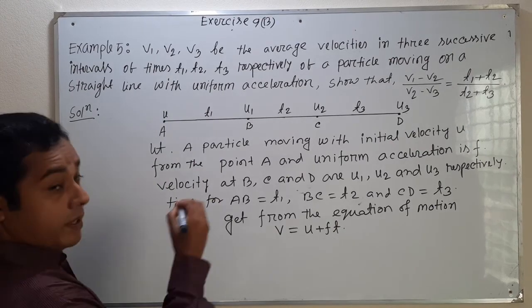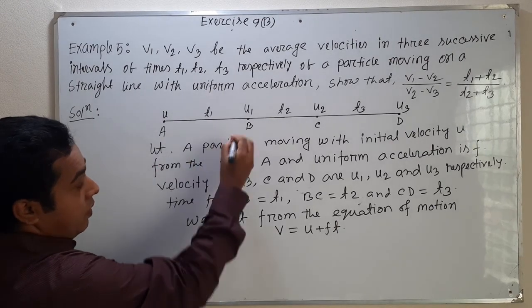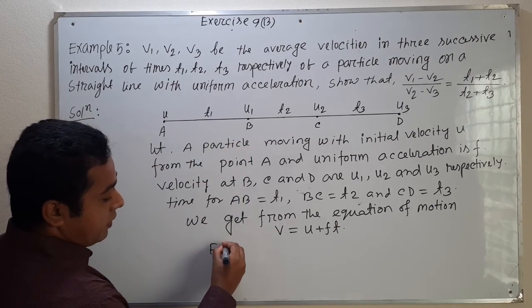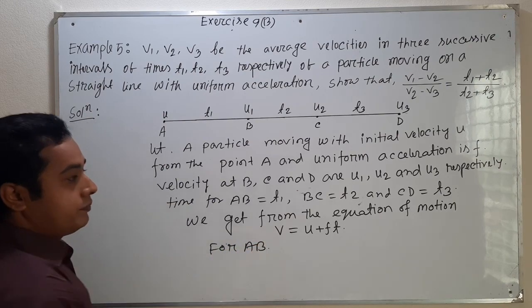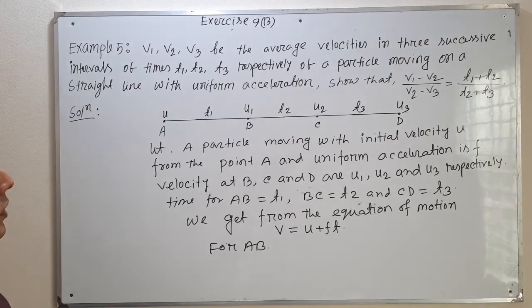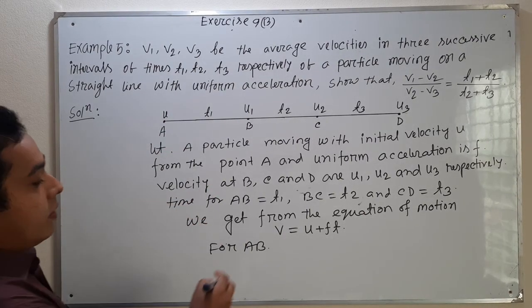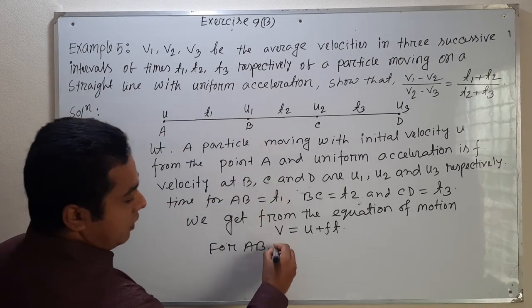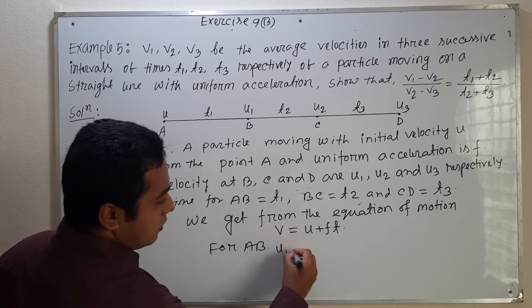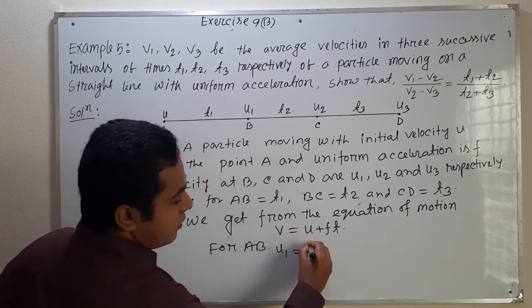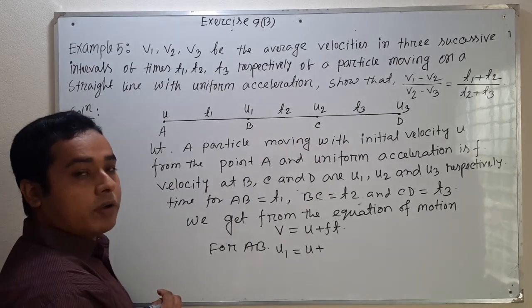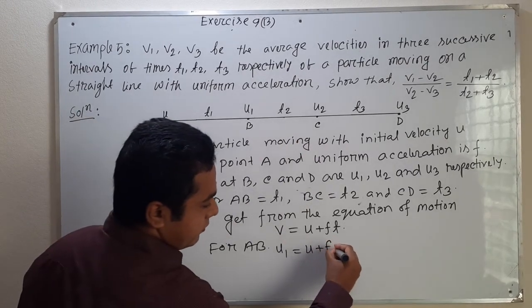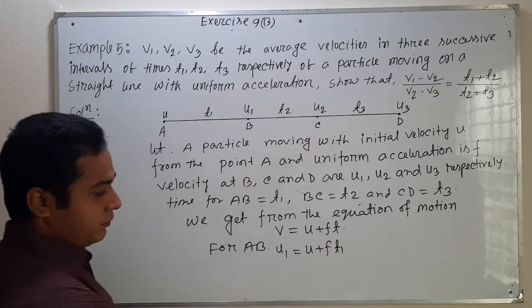Now for AB, v is equal to u1, u is u, f is always equal for all time intervals, and this is t1.